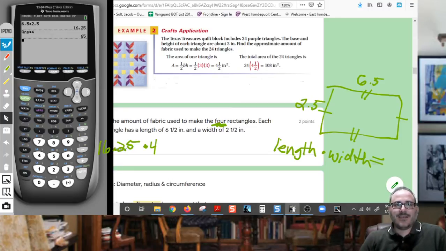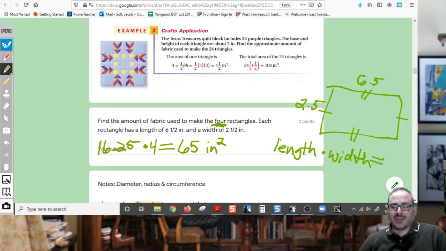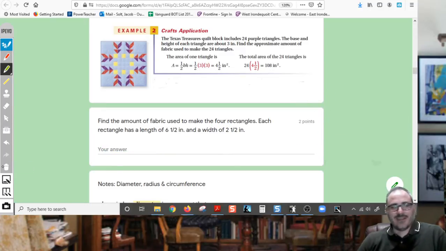The answer is 65 inches squared. Notice I put the unit in there. It feels like geometry is all about shapes, but it's really about logical thinking, and that's a skill you can take anywhere.